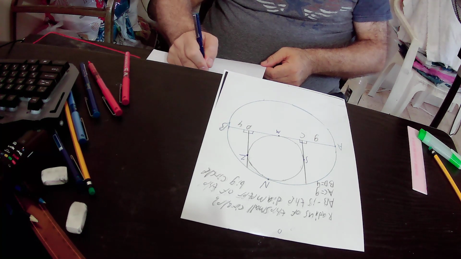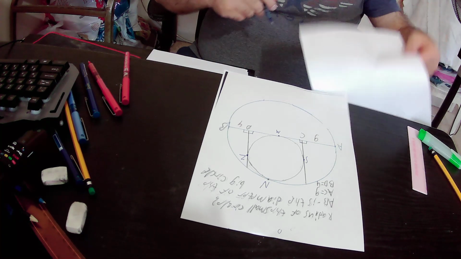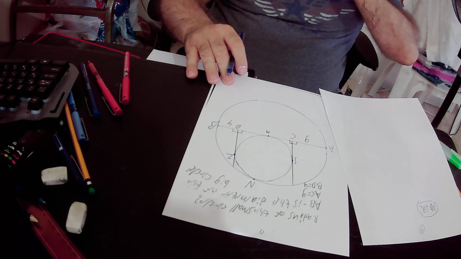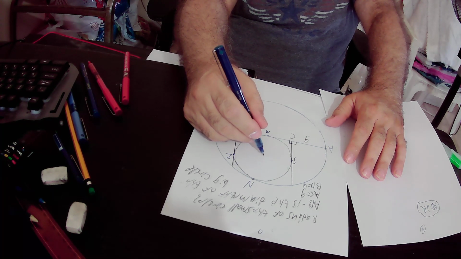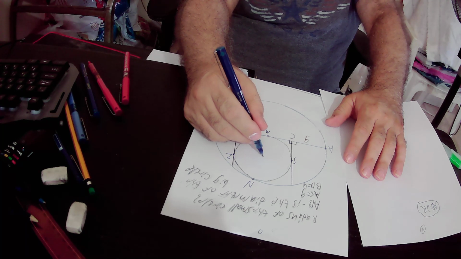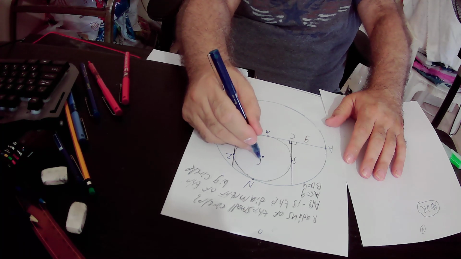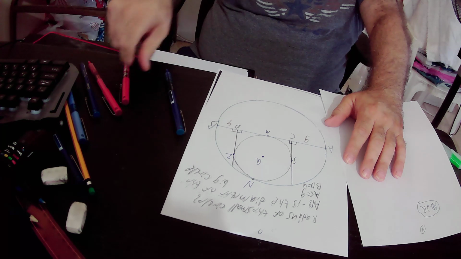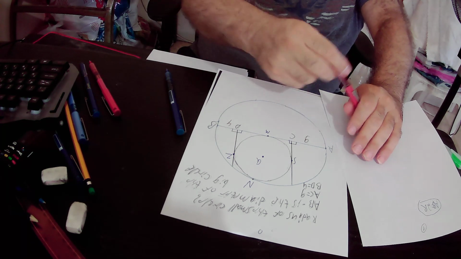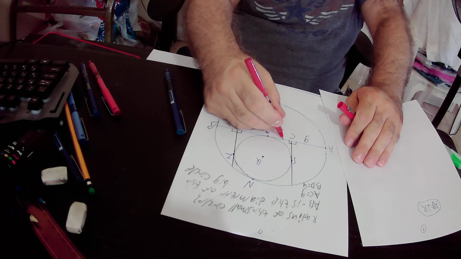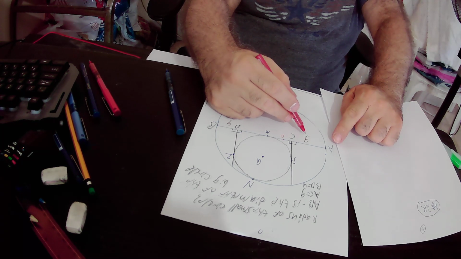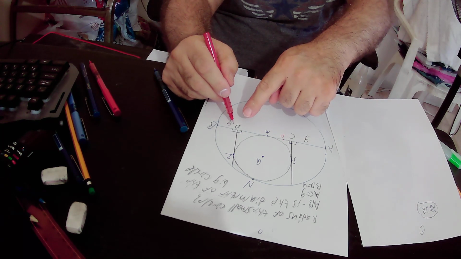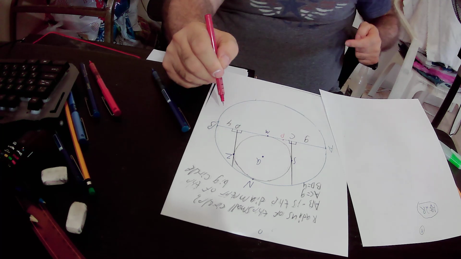And we will also define the center of the small circle as point Q, and the center of the big circle will be defined as point P. And we know that AC equals 9 units and DB equals 4 units.